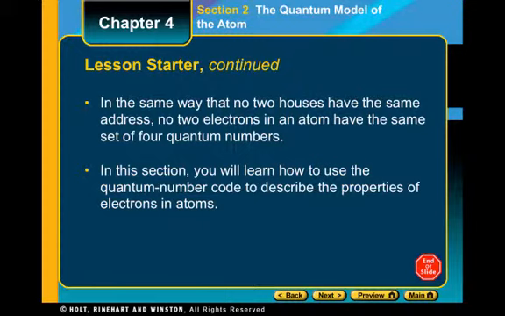So at least one of those 4 quantum numbers has to be different between 2 different electrons. And so we'll learn what those quantum numbers are. Tomorrow we will learn the electron configuration. It's how we specify what their address is or where they are in the atom.